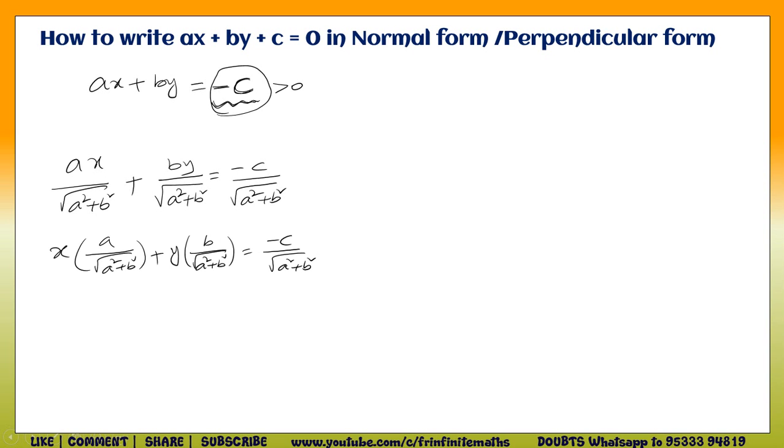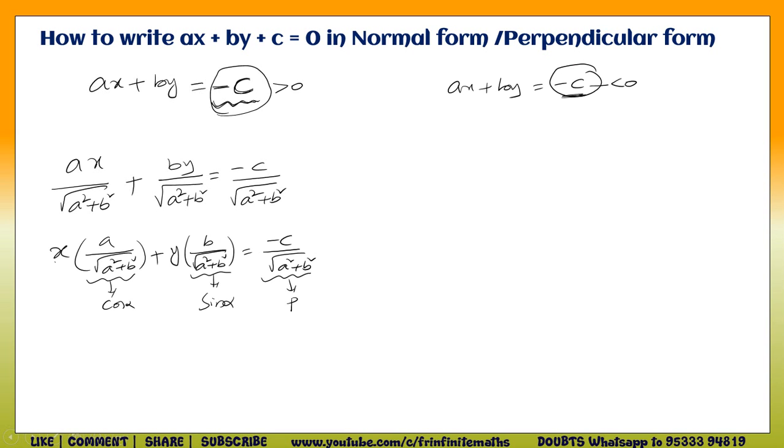Now this has been converted into our normal form. Consider this as cos alpha, this as sin alpha, and this particular value as p. Then you can clearly read it as x cos alpha plus y sin alpha is equal to p. So this is one situation, right? Now suppose ax plus by is equal to minus c, and this minus c is negative.